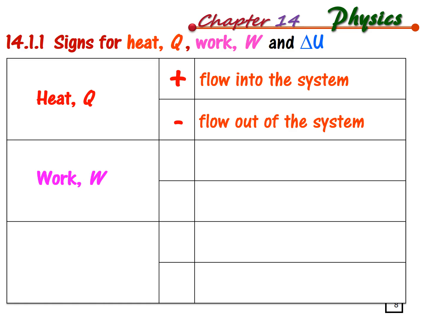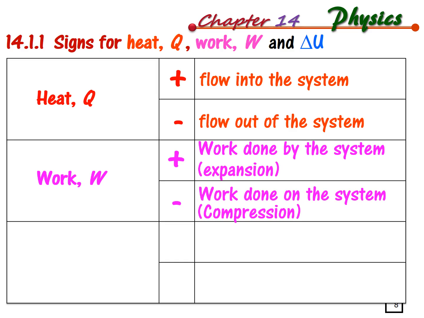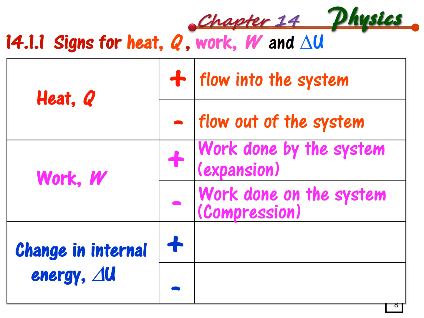If W is positive, it is work done by the system, which means that the gas, which is the system, expands. And negative is work done on the system, which means that you compress the gas or the system. And if the change in the internal energy is positive, it means the internal energy of the gas or system is increased. If negative, vice versa, that is decreased.